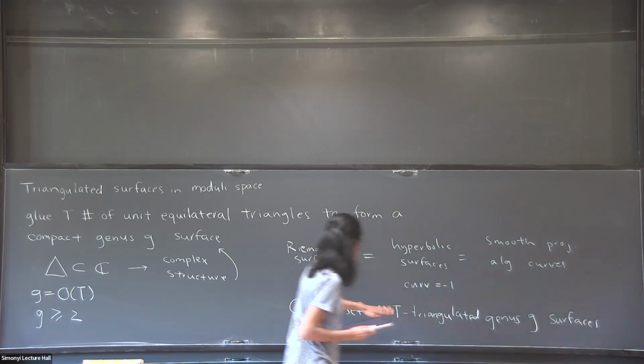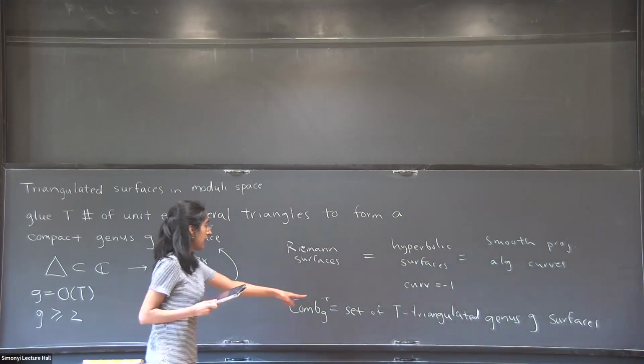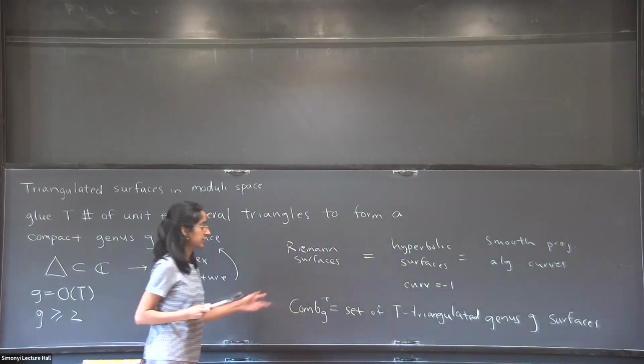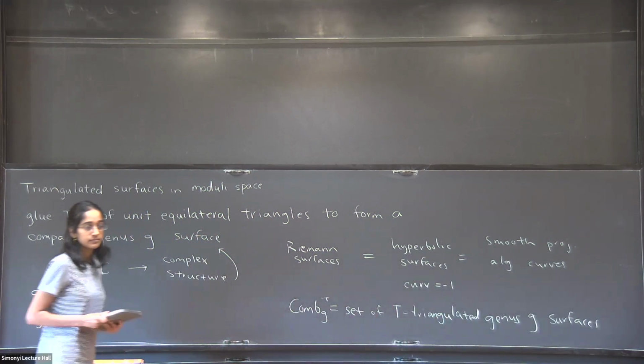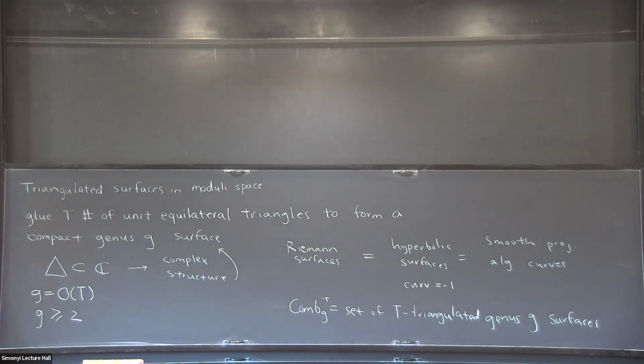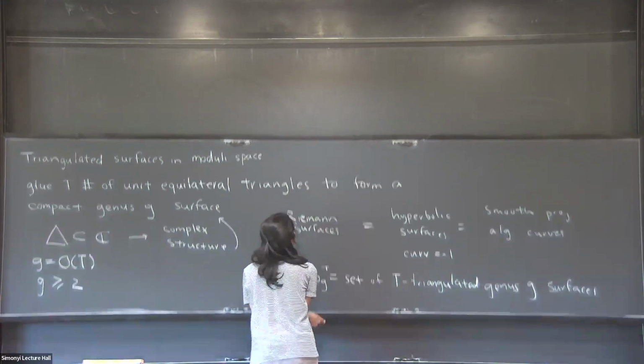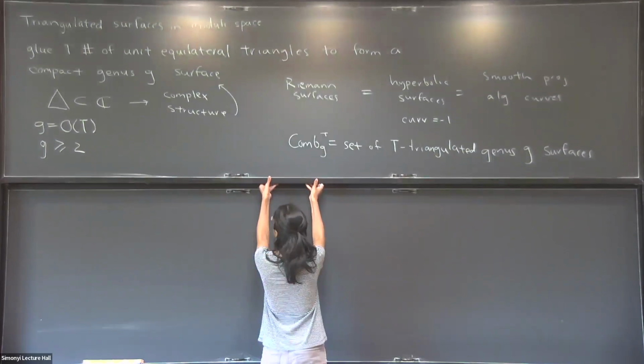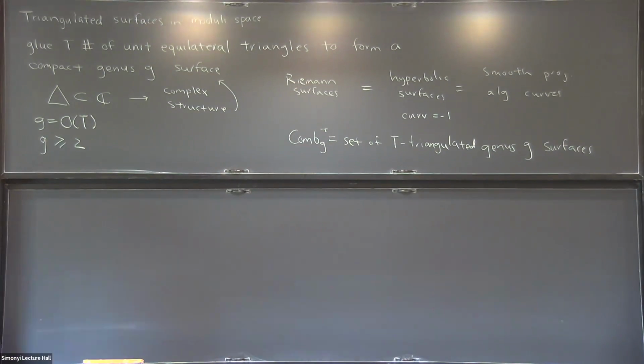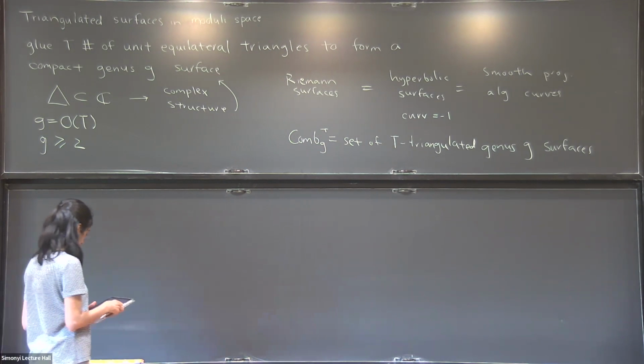T triangulated means there are T number of triangles, and this is up to combinatorial isomorphism. In general, feel free to interrupt me if there are any questions. Okay.